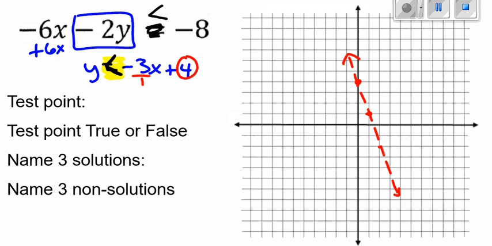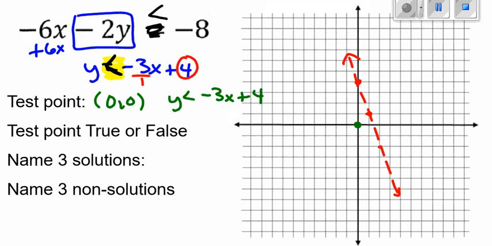Okay, so hard to see which is below and above the line on this one, so I'm going to use my test point, and test point of choice is always 0, 0. So if I plug in, here's my equation, y is less than negative 3x plus 4.